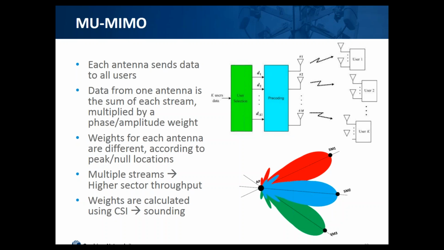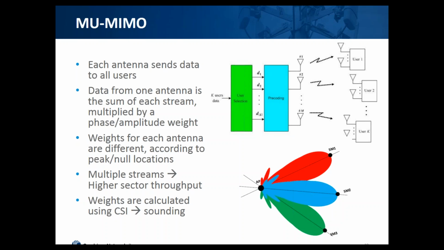The same process happens for the other antennas, but now the amplitude and phase components used to multiply the streams are different. Each antenna has its own set of what we call weights, which are the amplitude and phase to apply to each stream. If you select these weights correctly, you can create multiple beams, each in the direction of one of the users. Additionally, you can create nulls in the direction of the other users.